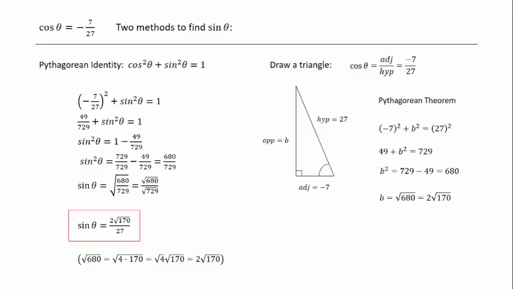So we're getting the same values, which is a good thing. If we didn't, something went wrong. Then we can conclude that the sine of theta will be opposite over hypotenuse, which is 2 radical 170 over 27. There you go. We get exactly the same answer, two different methods.